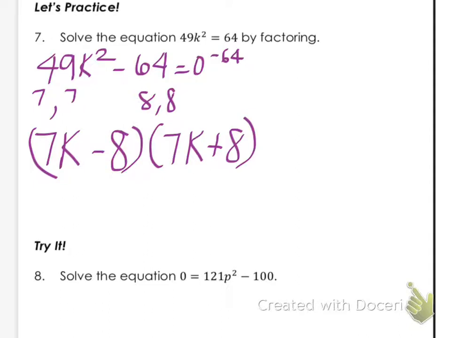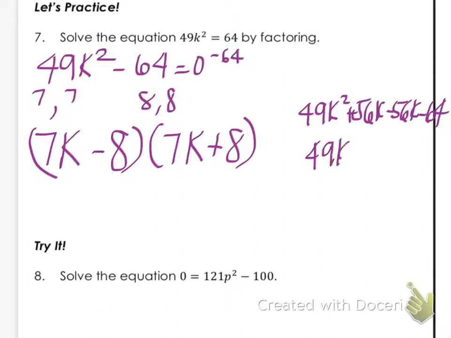When we work this out, we're going to end up with 49k squared plus 56k minus 56k minus 64. These cancel out, so we're left with 49k squared minus 64, which is what we started off with. So we know that we're correct by writing 7k minus 8 times 7k plus 8 equals 0.